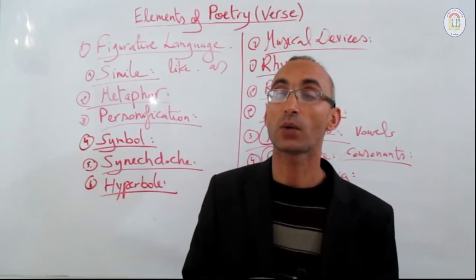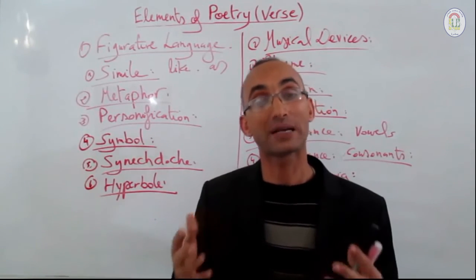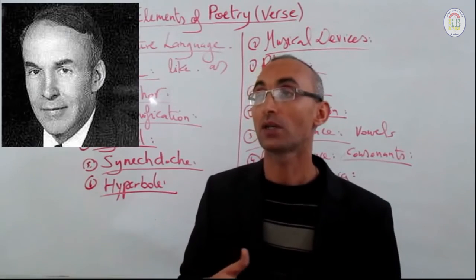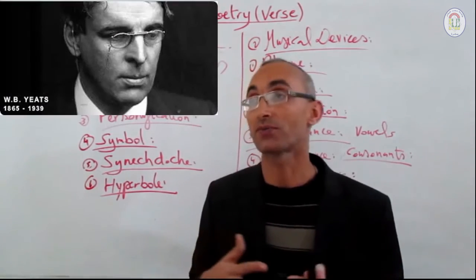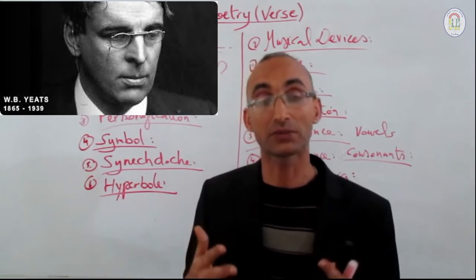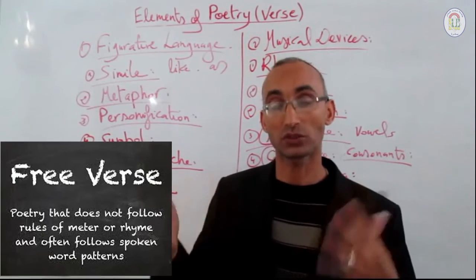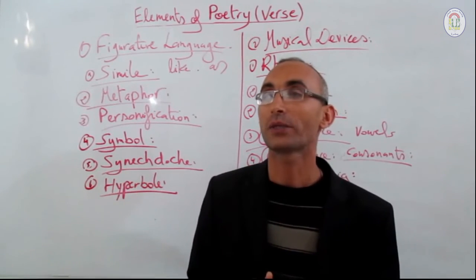We have also, among the famous poets, William Carlos Williams. We have Archibald MacLeish. We have William Butler Yeats, the father of free verse, the leading figure, or poet, of free verse, which is free of those conventions of traditional poetry.